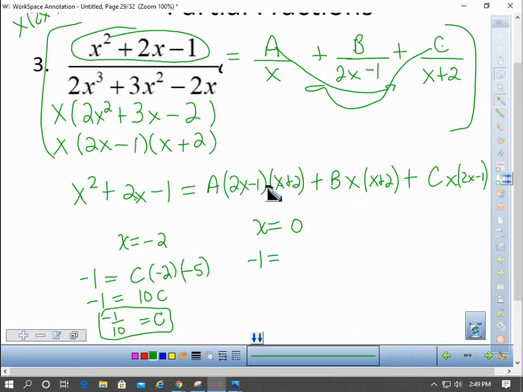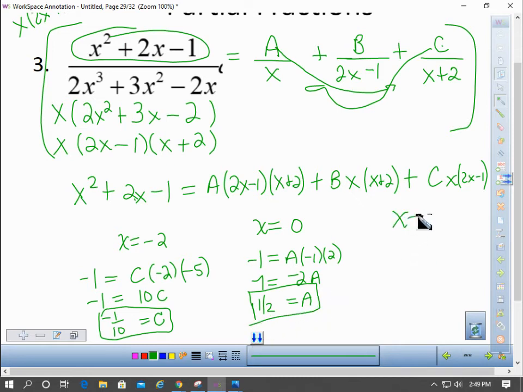Putting in a 0 for my x's here is going to leave me with a times a 0 in here is going to make a -1, and a 0 in here is going to make a 2. And then notice if you put a 0 here, the b goes away, and if you put a 0 in here, the c goes away. So this is the only equation I have. So I've got -1 equals -2a. So if I divide by -2, the answer is 1/2 for a.